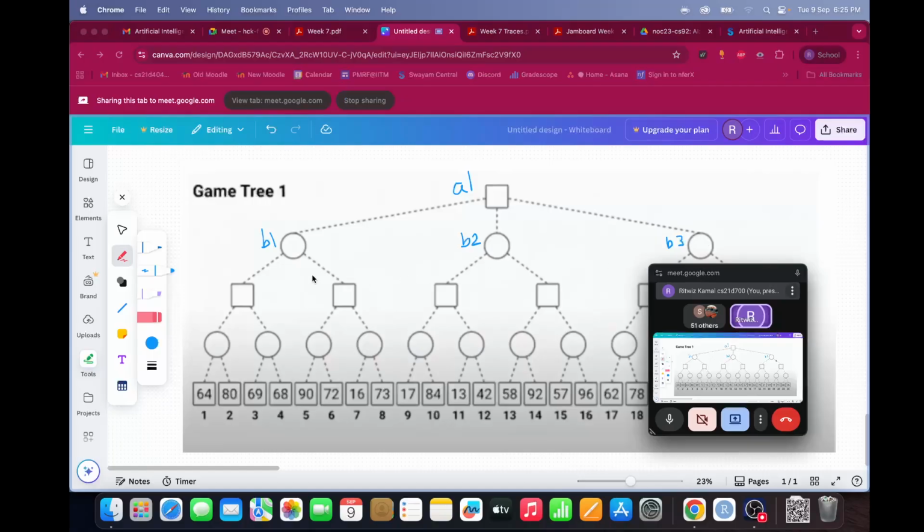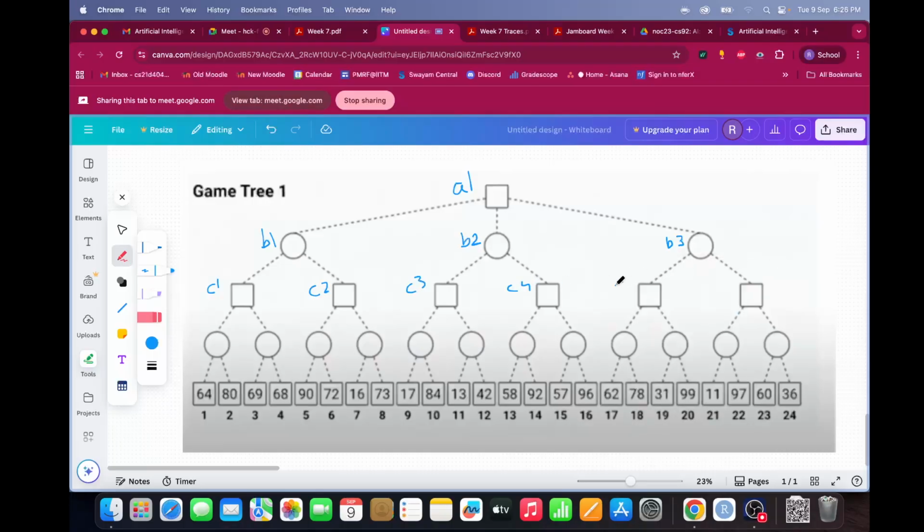Similarly, in the third level these would correspond to C1, C2, C3, C4, C5, and C6. This would be D1 up to, I'm not writing the whole thing, but you get the point, right?